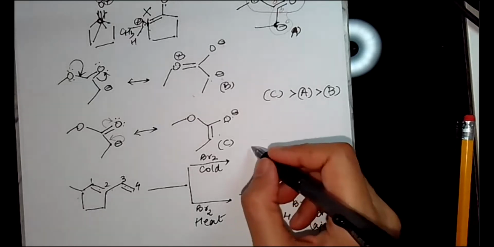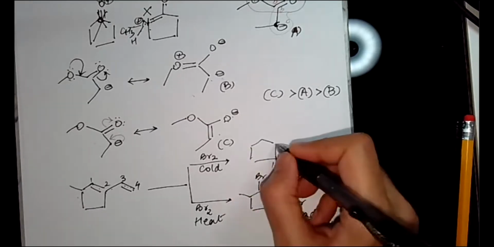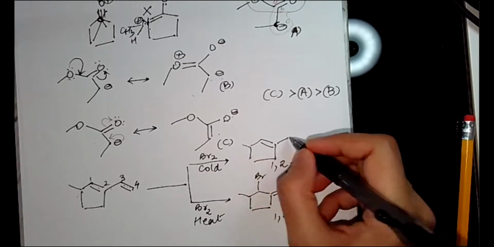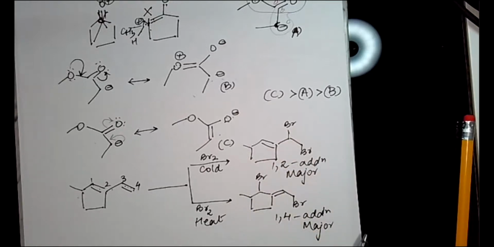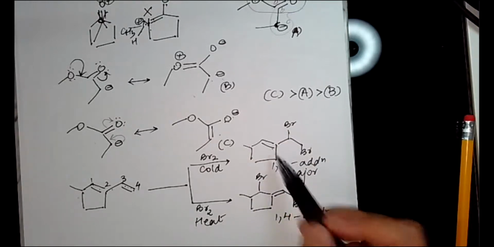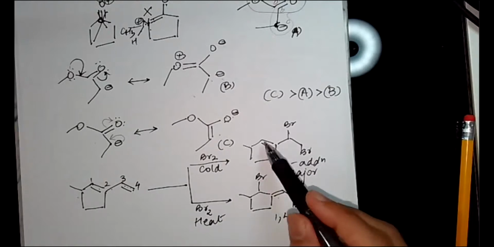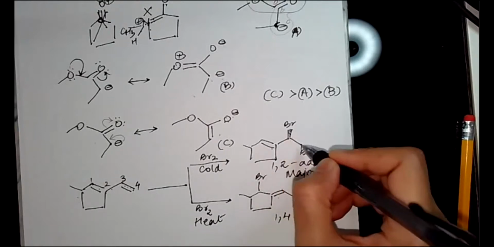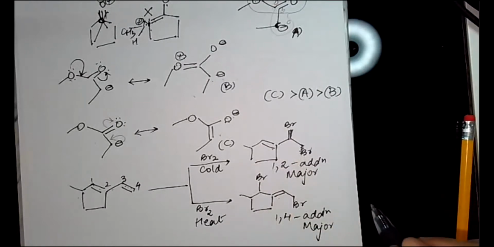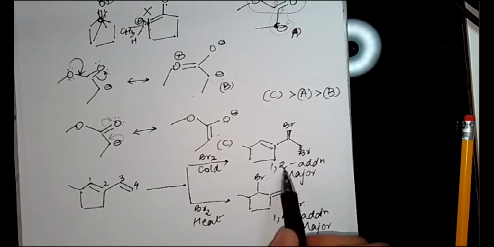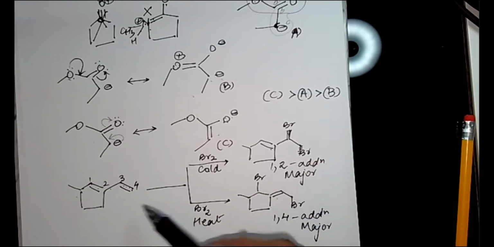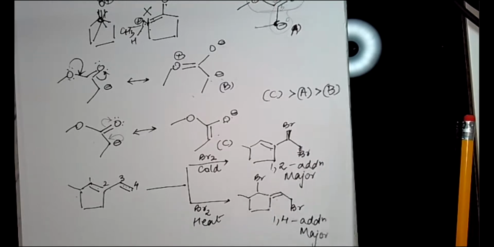On the other hand, if I use 1,2 additions outside the ring, or inside the ring, you just have to remember that at cold conditions, 1,2 additions will be your major products. Under heat conditions, 1,4 additions will be your major product. And this is where your Diels-Alder comes in.